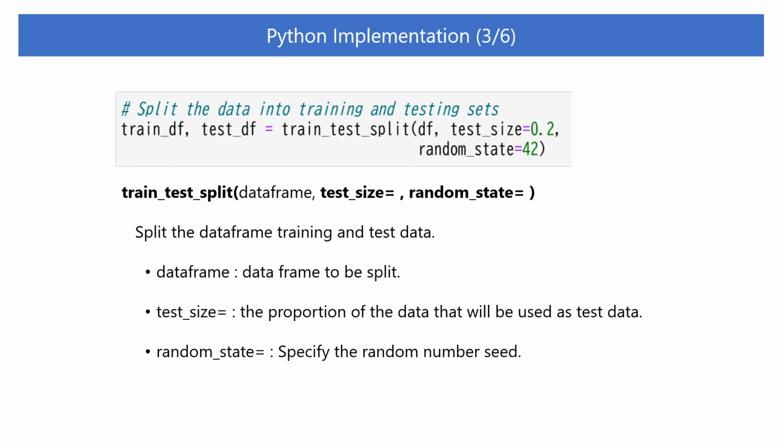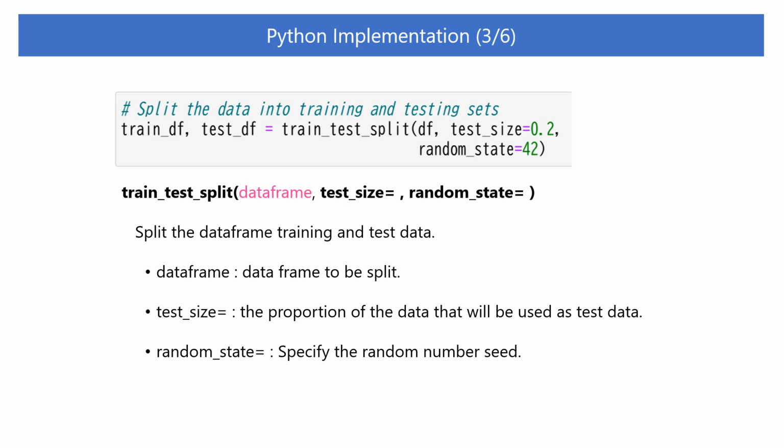Next, use the train_test_split function to split the training data and test data. This function randomly selects data points from the data frame and splits the data frame using a pseudo-random number generator. The first argument is the data frame to be split.